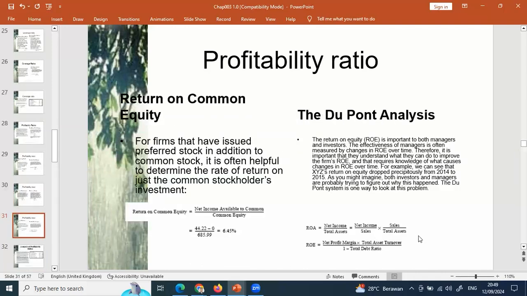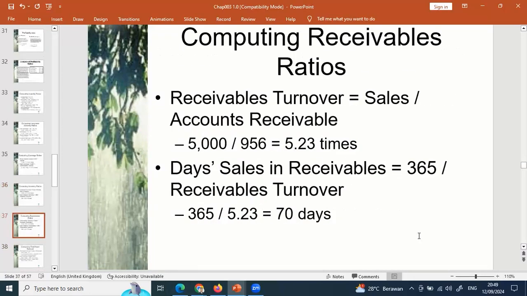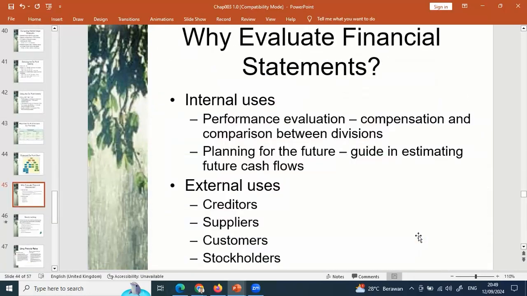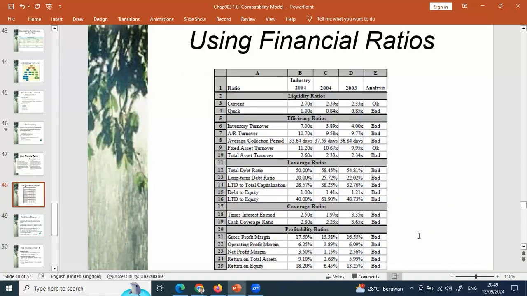And then we compare. We conduct the benchmarking on our financial ratio to see whether our company is doing good or doing bad.